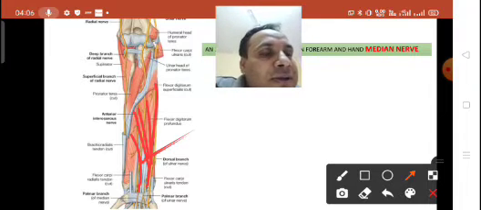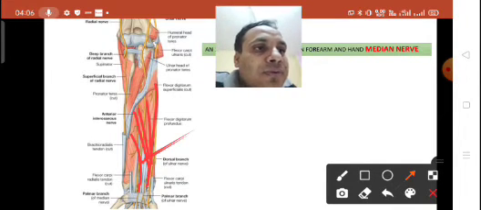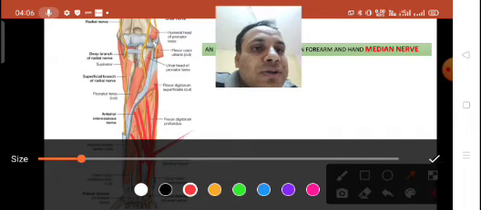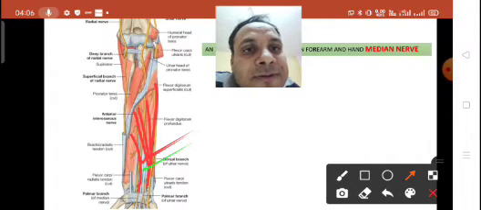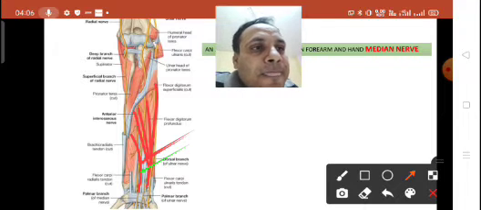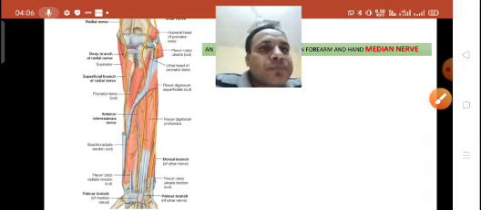You can see here the median nerve comes out near the lateral border of flexor digitorum superficialis muscle. This is the median nerve.